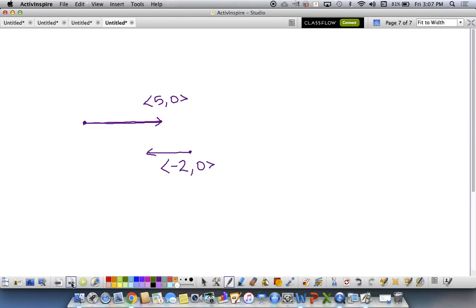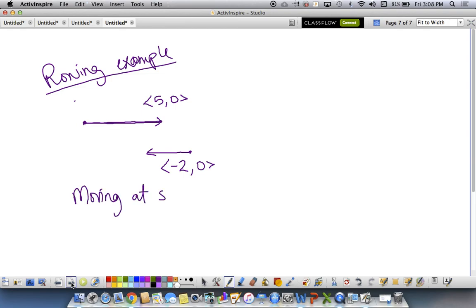Okay, so if I were to add these two vectors together, the rowing example, we would find out how fast they're actually moving.